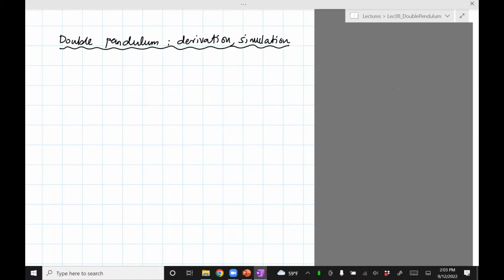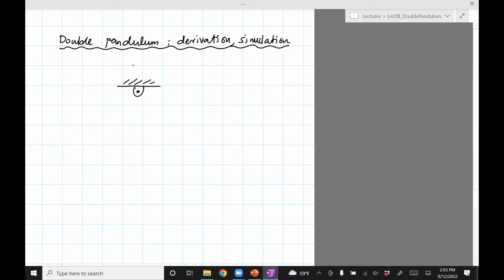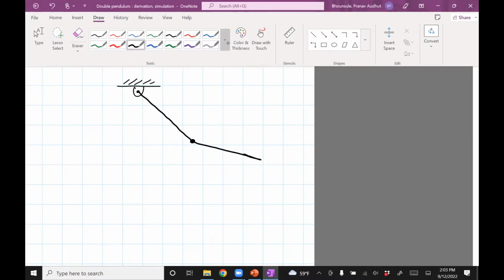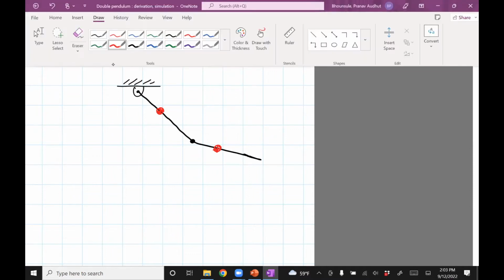Okay, so first let us model the system. So that's link 1, and then we have a link 2. I'm just going to assume they have equal lengths. Let's place the center of mass somewhere on the pendulum, the links.